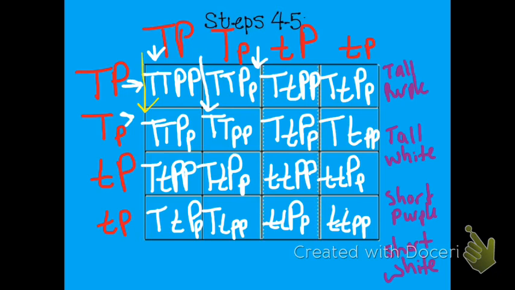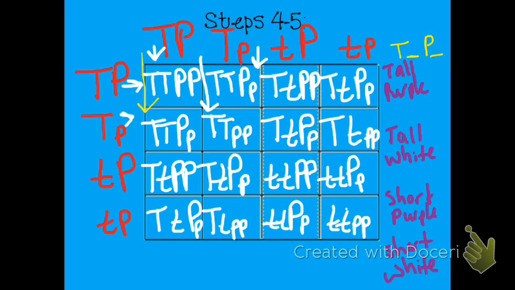So for the plant to be tall and have purple flowers, we need at least one capital T. The second letter doesn't matter, because as long as we have at least one, it's going to be tall. And we need at least one capital P, because as long as it has at least one capital P, the flowers will be purple.